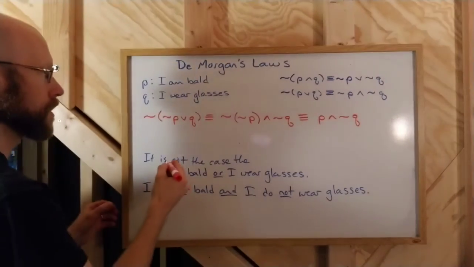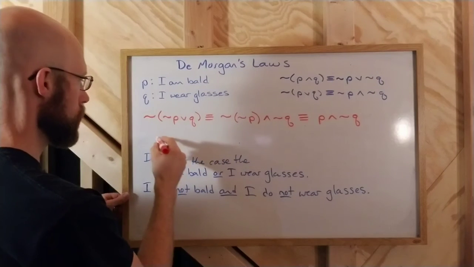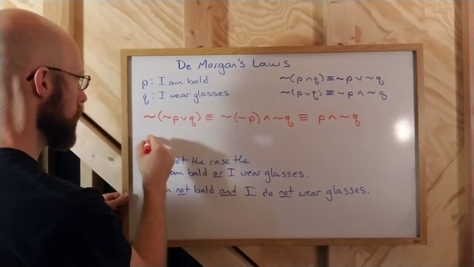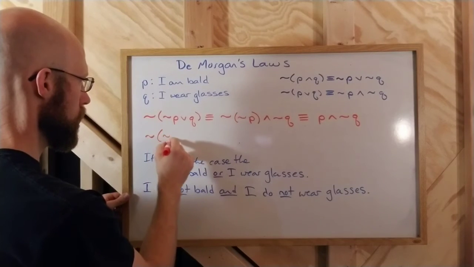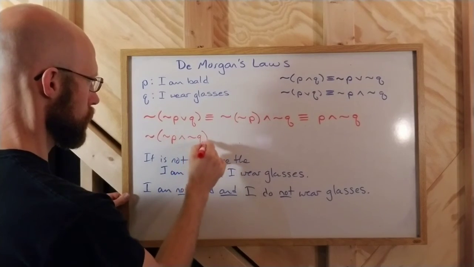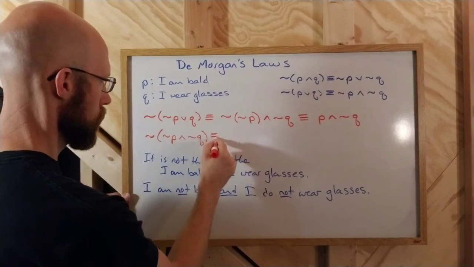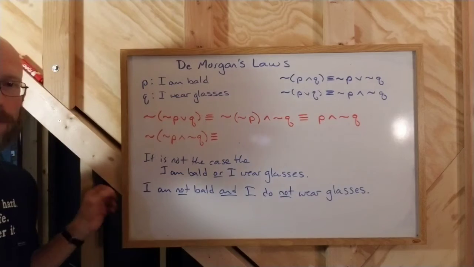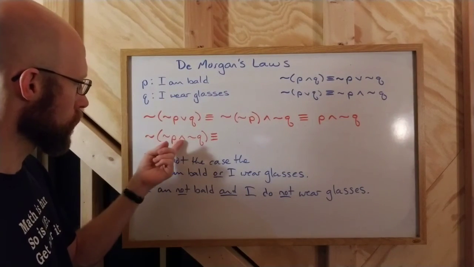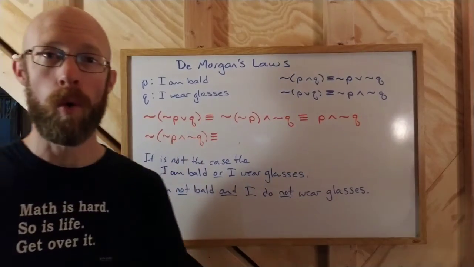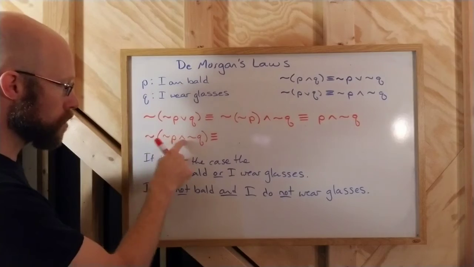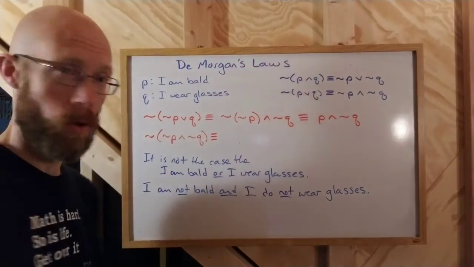If I said, oh, let's see, it's not the case that not P and not Q. So here we've got a whole bunch of negations involved, right? Three of them. Well, again, the negation of an and is the or of the negations, right? So I negate both and then change it to an or.